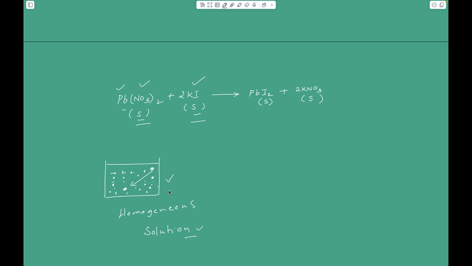So understand that formation of a solution is a physical change. And if you want, you can easily separate lead nitrate and water from this solution. Now, this particular solution is prepared by dissolving lead nitrate, which is a solid, in water, that is a liquid.